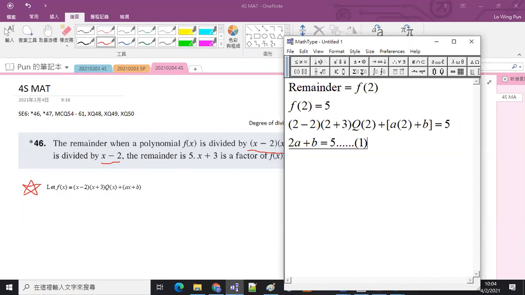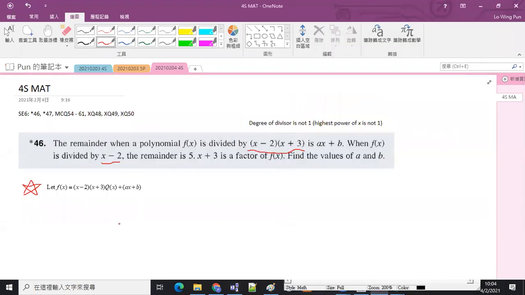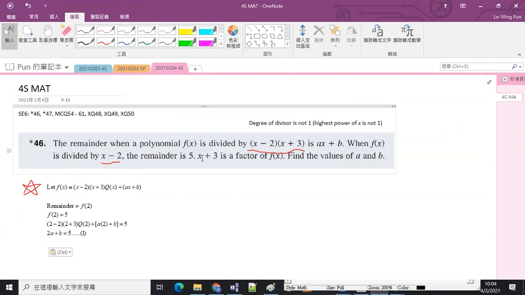And then we are waiting for the second equation. Where can we find the second equation? It should be the next sentence. The next information is given in the next sentence: x + 3 is a factor of f(x). Factor is a keyword.